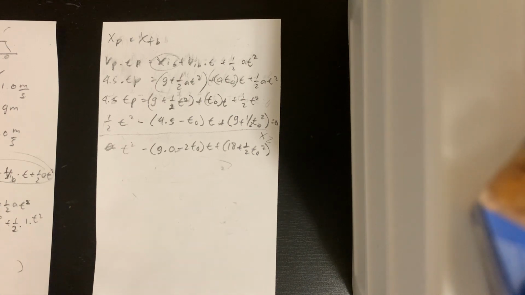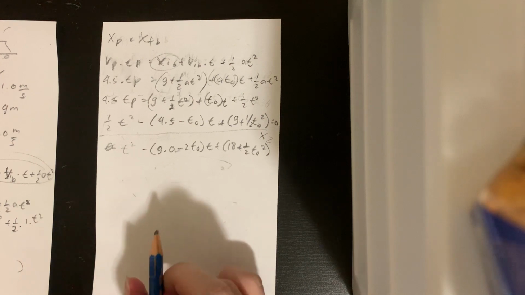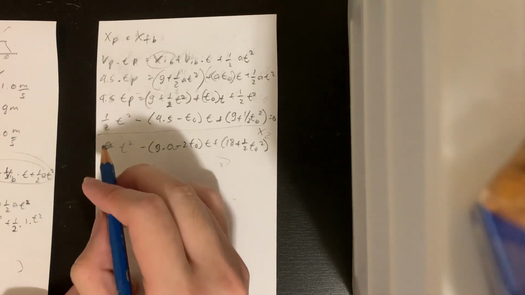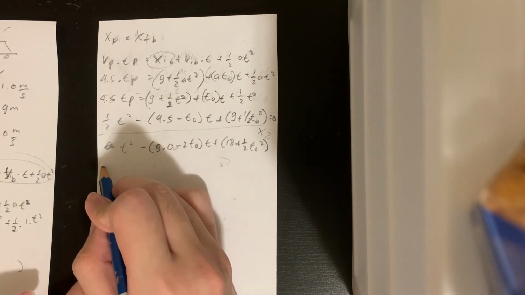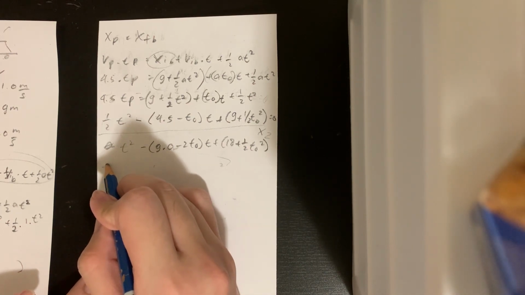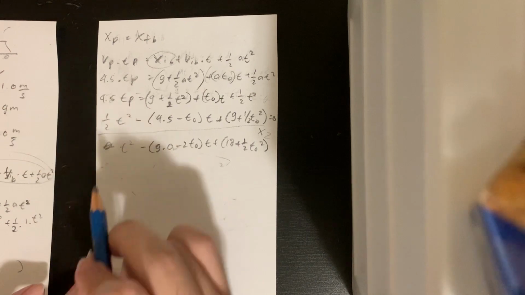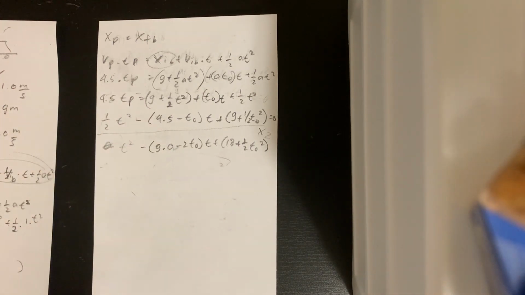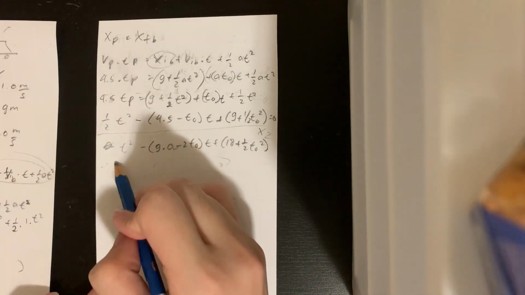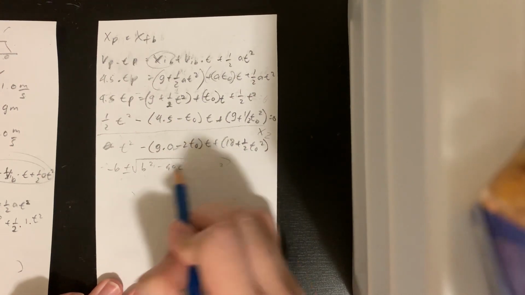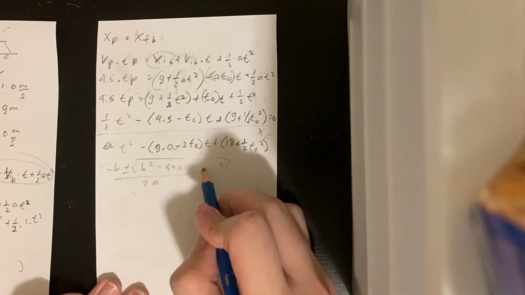The quadratic formula says x equals minus b plus or minus the square root of b squared minus 4ac, all over 2a.